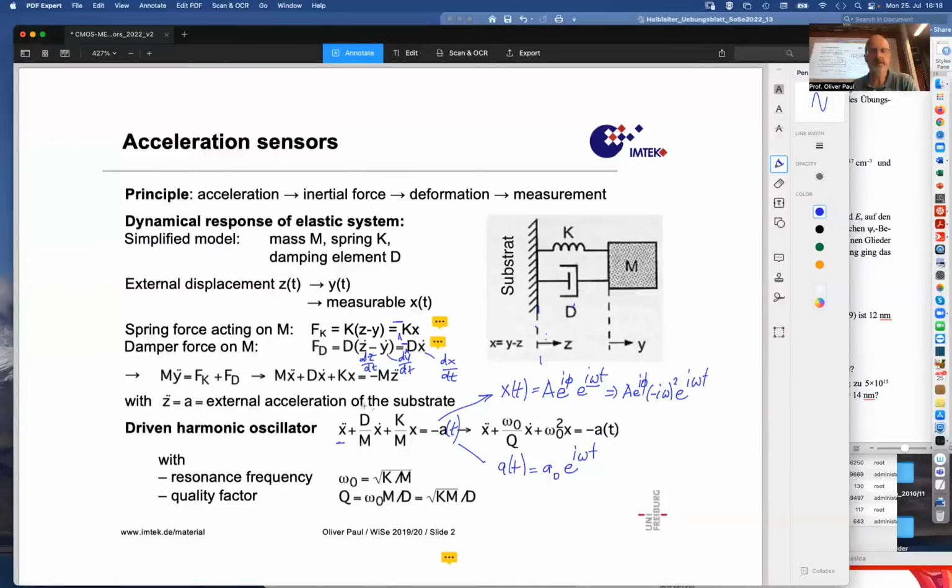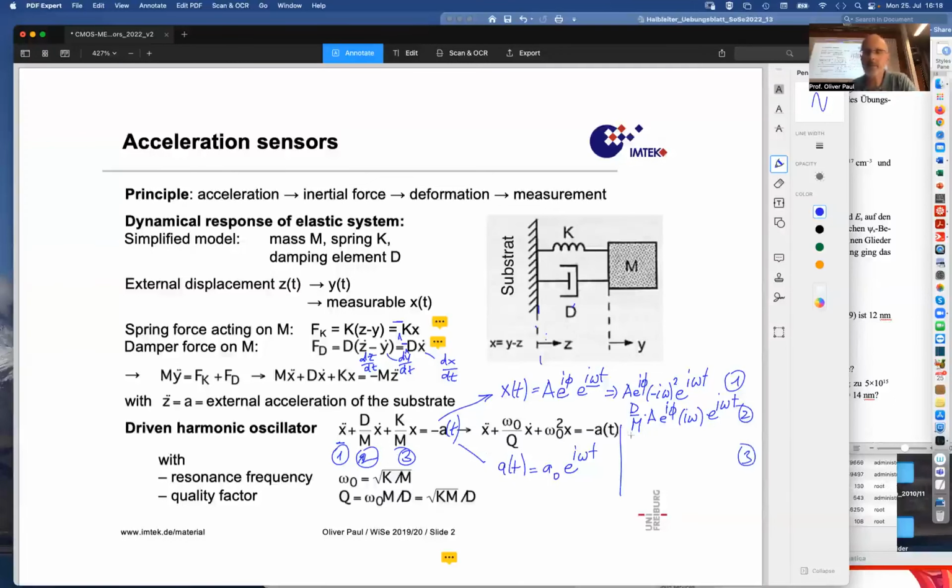The second term has d over m multiplied by x prime, which is a e to the i phi times i omega only once, in e to the i omega t. So this was term number one. Now we have term number two, and now we do term number three.